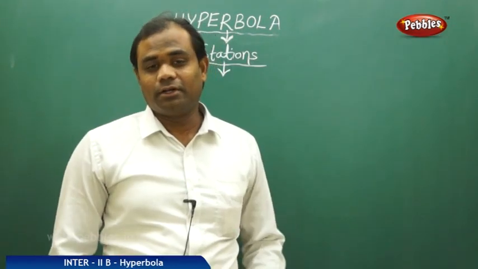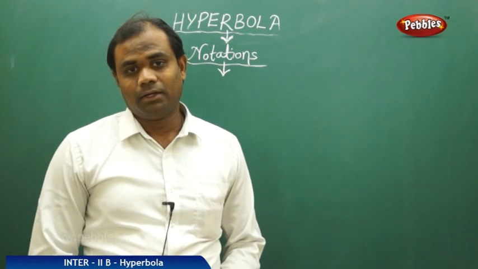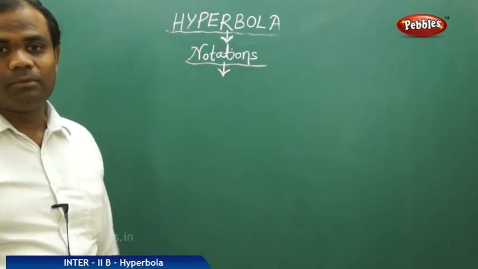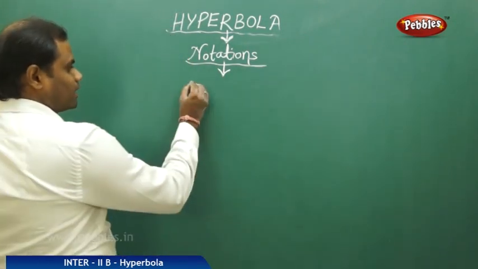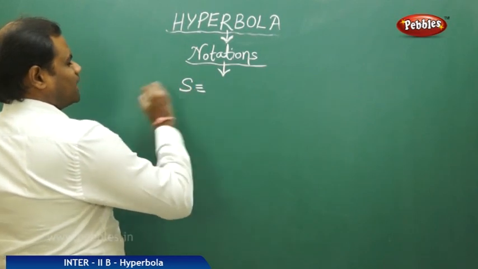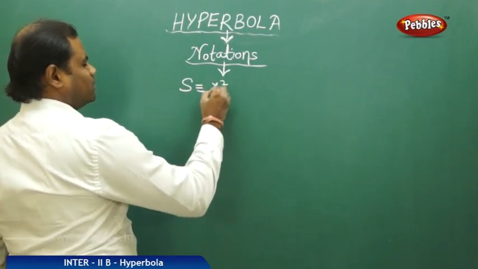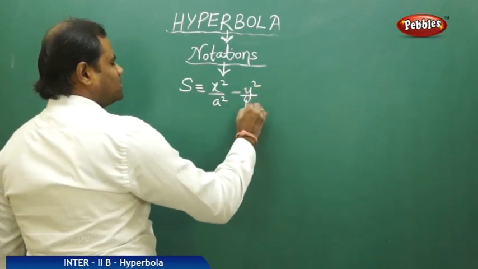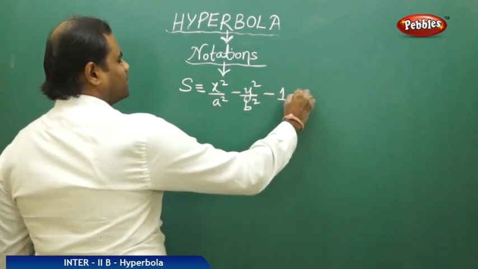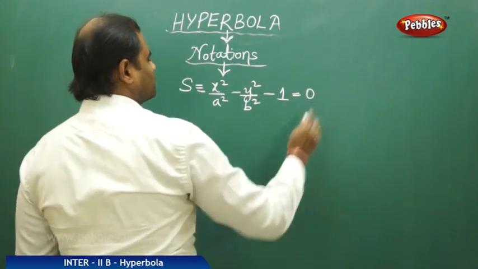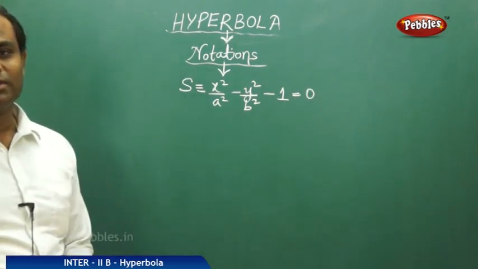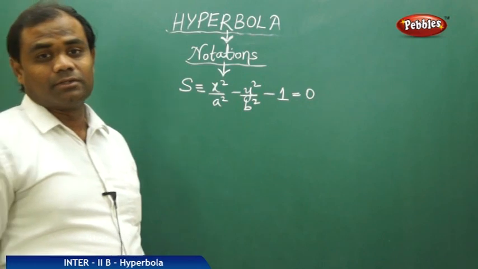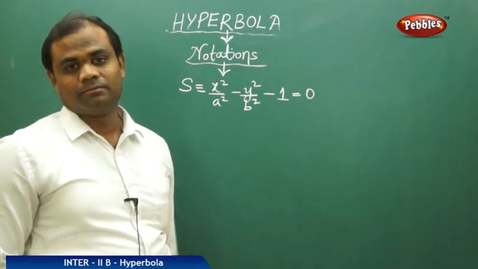Now let's see the general notations for hyperbola. In general, the standard form of hyperbola is denoted by S identically equal to x squared by a squared minus y squared by b squared minus 1 equal to 0, is how we denote the standard equation of hyperbola.